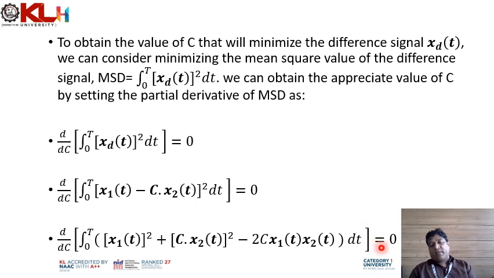Now this entire derivative must be equal to 0. When we take the derivative, remember the derivative is with respect to C. So the derivative of the first term will be 0 because there is no C there. In the second term we have C square, and the derivative of C square will be 2C. In the third term there is 2C, and the derivative of 2C will be the constant 2.